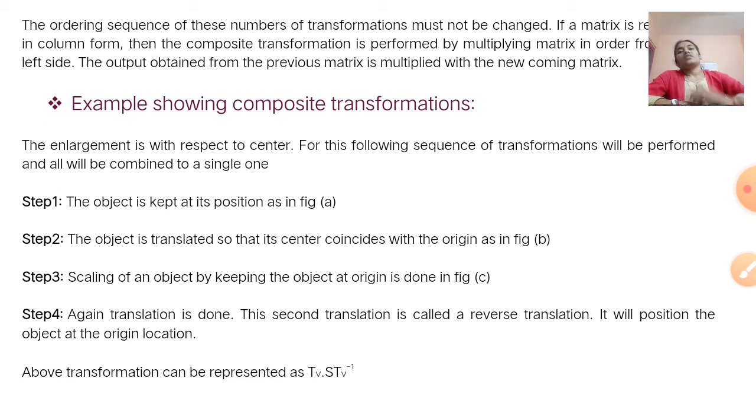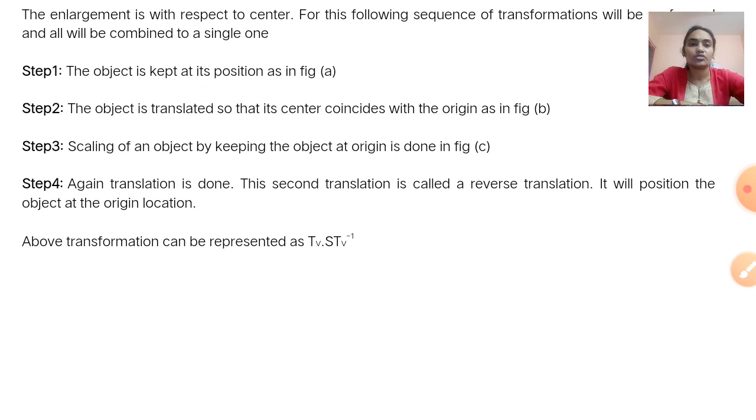Now one example showing a composite transformation. The enlargement is with respect to the center. For this, the following sequence of transformations will be performed and all will be combined into a single one. So for this we can follow some steps. In the first step, the object is kept at its original position.